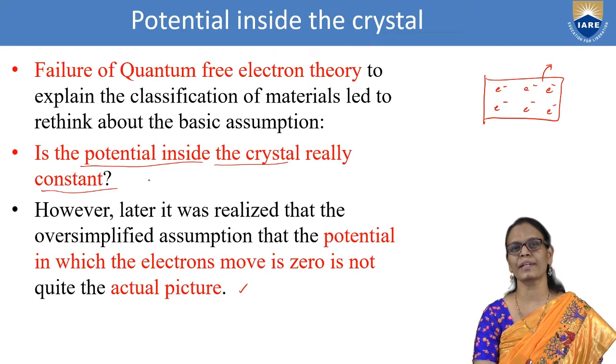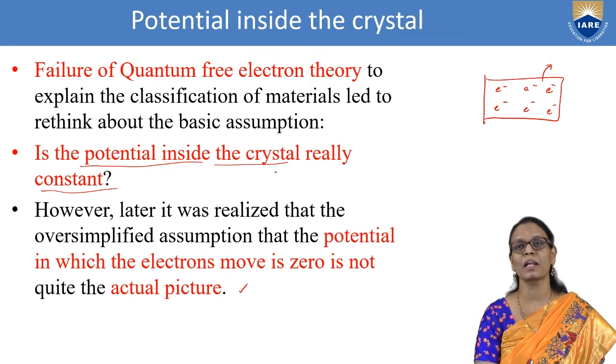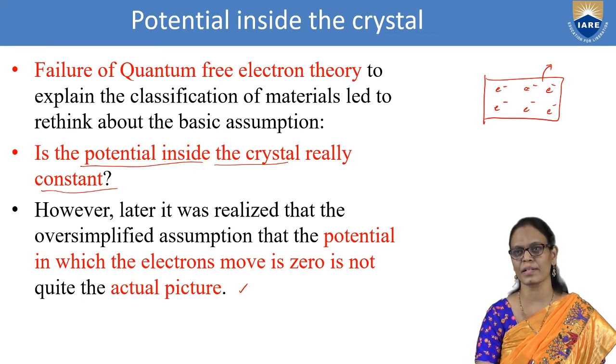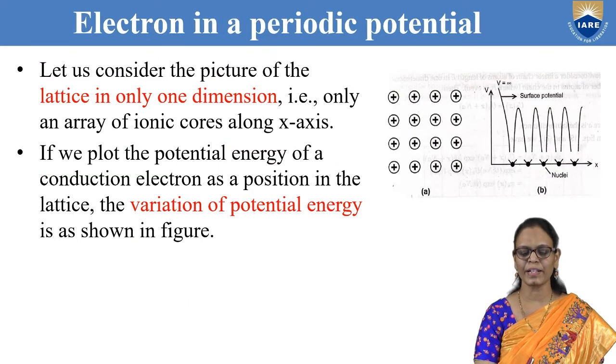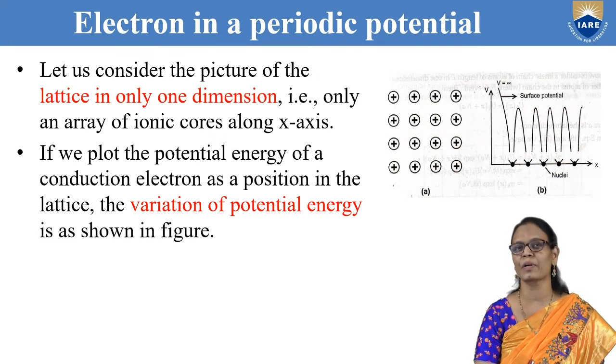So now they started thinking, is the potential constant? Then they realized that the potential of the electrons is not zero or constant inside the metal. The potential must be varying. Now let us consider the picture of variation in the potential.